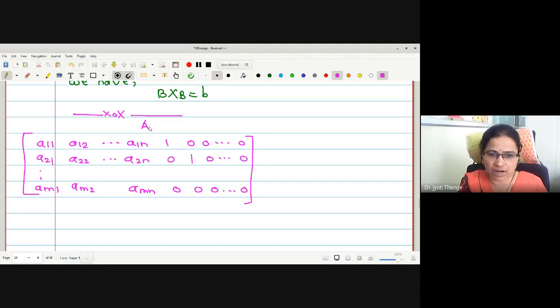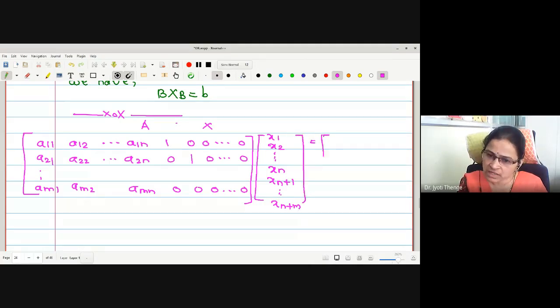This is my A matrix, into the X matrix. What is my X matrix? X1, X2 up to Xn, X(n+1) to X(n+m), in all n plus m variables, equal to b1, b2 up to bm.